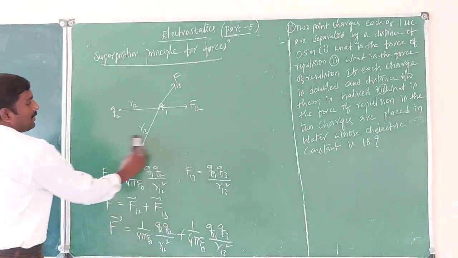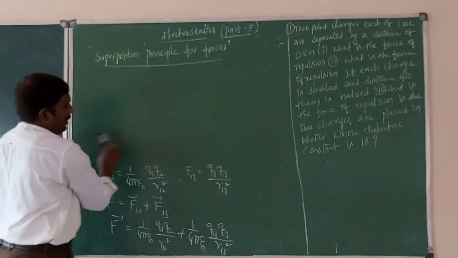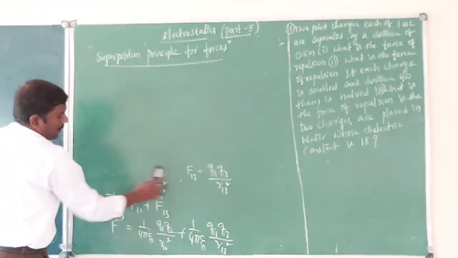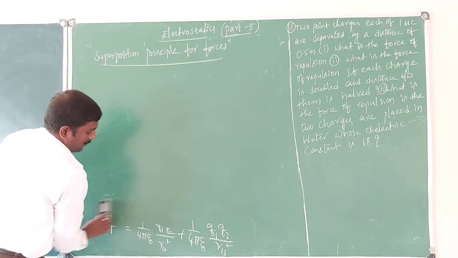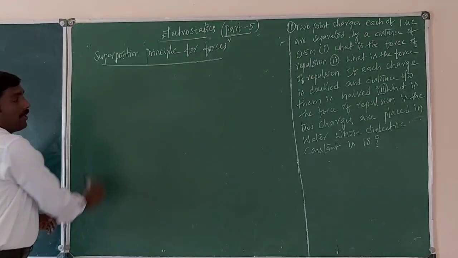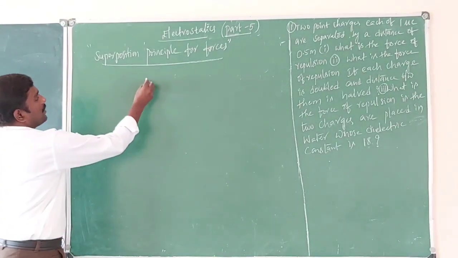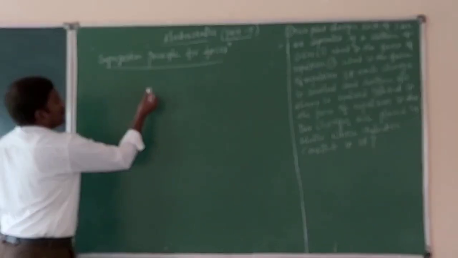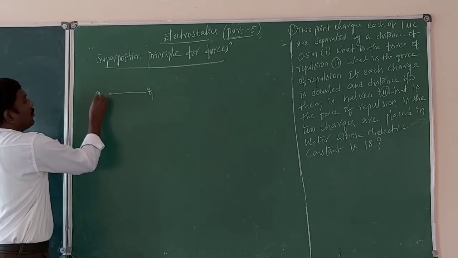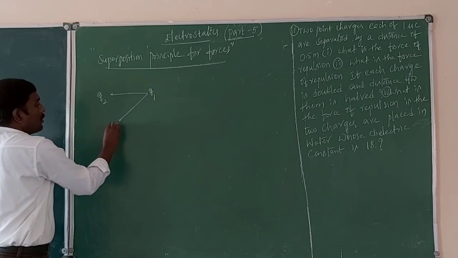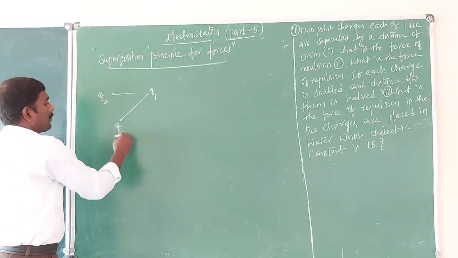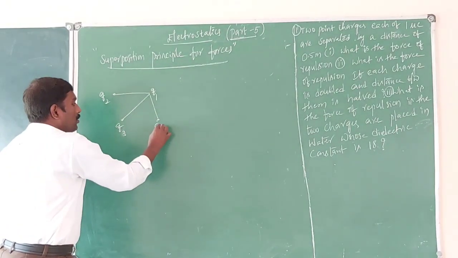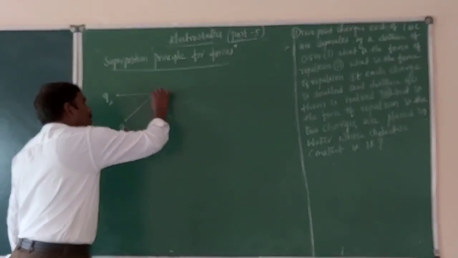In that case, this is the charge Q1, this is Q2, this is Q3, this is Q4, and so on.